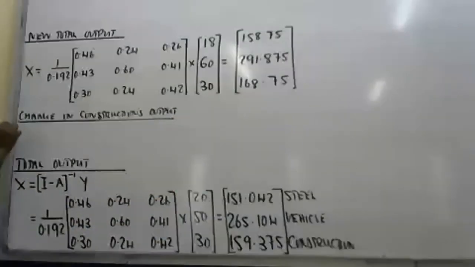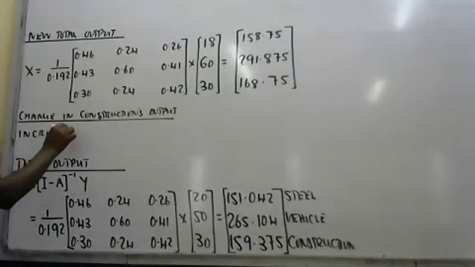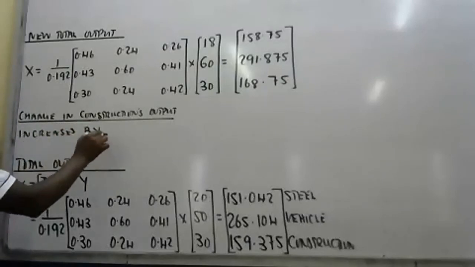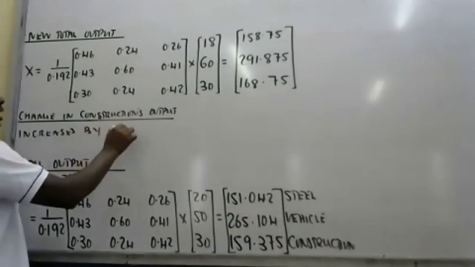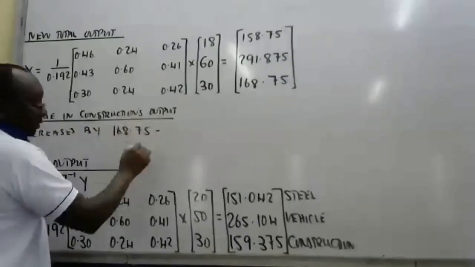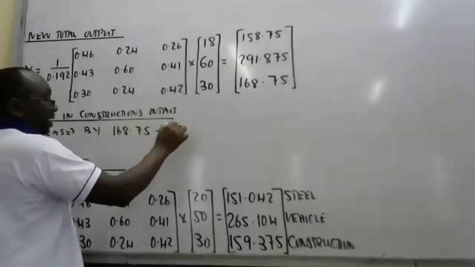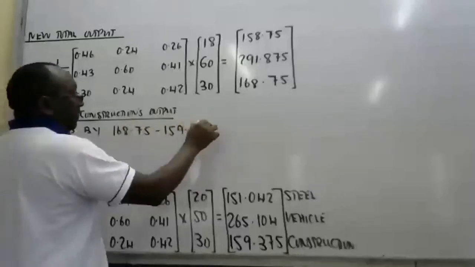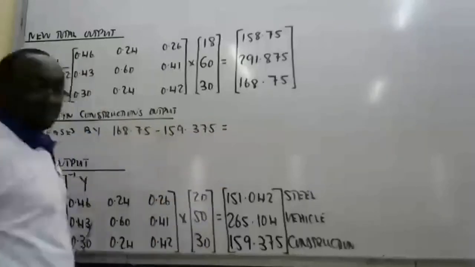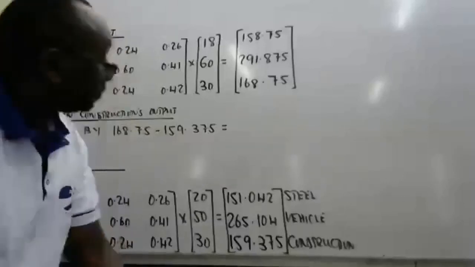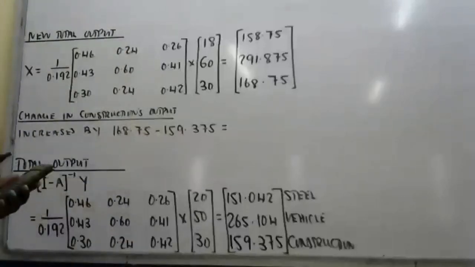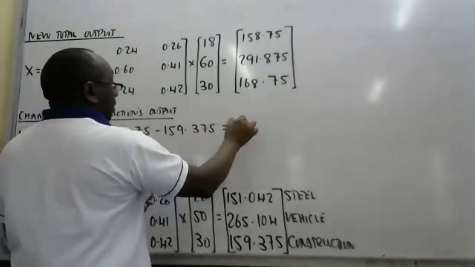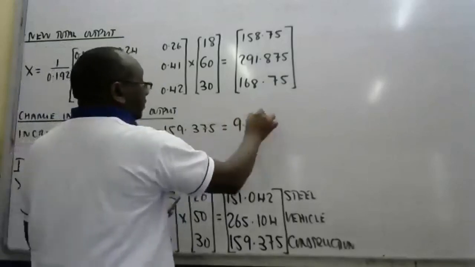So it increases by 168.75 minus 159.375. So that is 9.375.